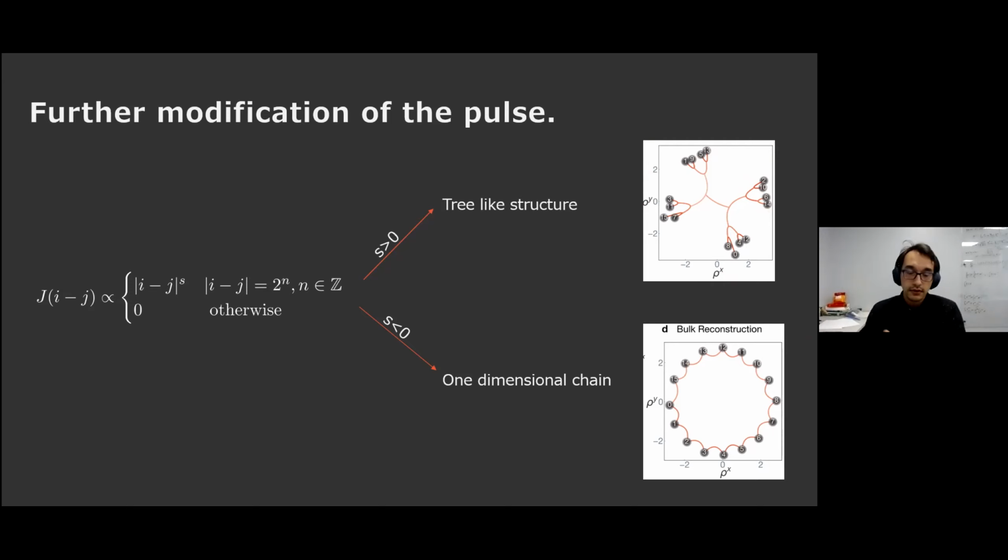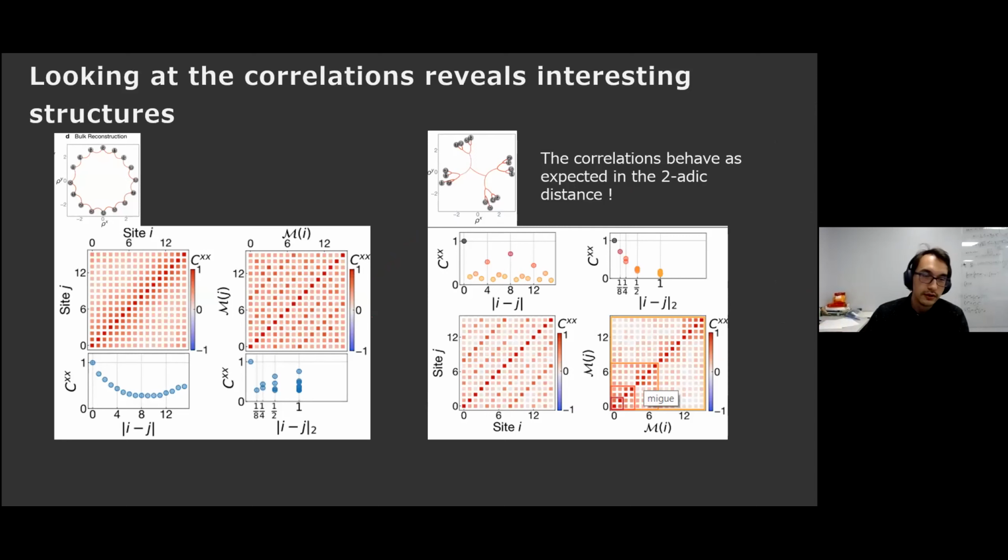And then one of the results of this experimental study is that they were able to design interactions in such a way that the most natural coordinates for the correlations that they were finding yielded a similar tree structure, and the correlations followed the expected behavior in the p-adic distance of the lattice sites.